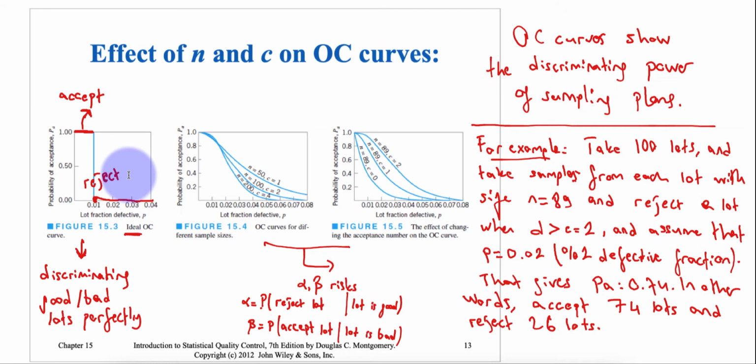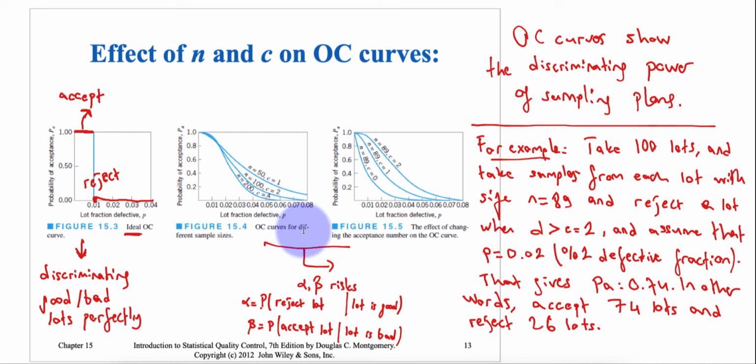We will reduce the probability of rejection of the good lots, and we will also reduce the probability of accepting the bad lots. That's why we are considering OC curves, and we are trying to make analysis on OC curves and try to increase the performance of the sampling plan.